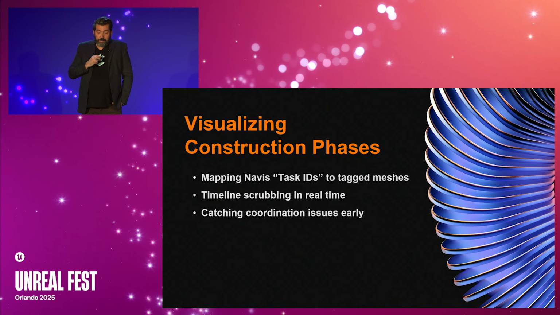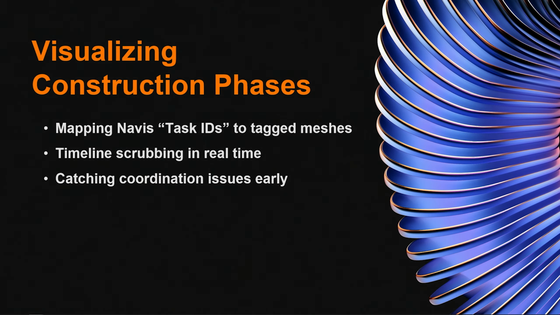One example of that we're doing in the project that I'm about to show you is we are visualizing construction phases, and to do that we're mapping Navis task IDs to all the tag meshes, which gives us the ability to, with a really simple slider, scrub through and see where things are, which then allows the team to catch coordination issues and do that at a really high level.